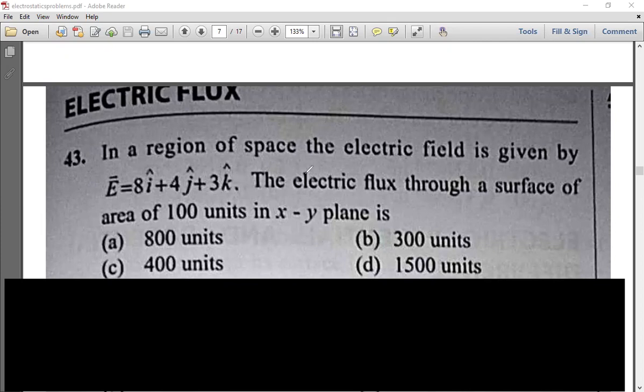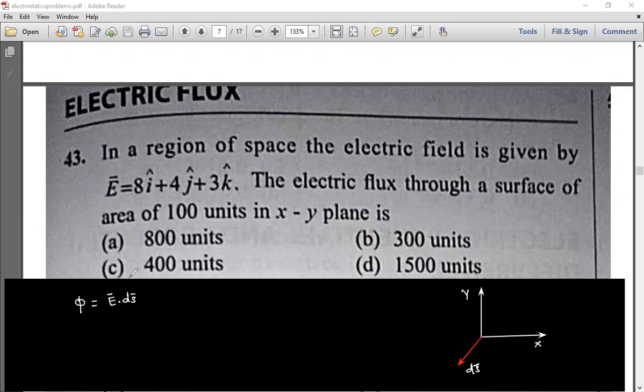I'm showing you, this is the xy plane, this is x and this is y. The area element should be perpendicular to this xy plane, and this should be your ds bar. Because flux phi is equal to E bar dot ds bar.